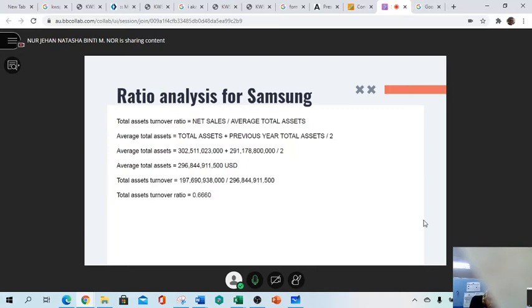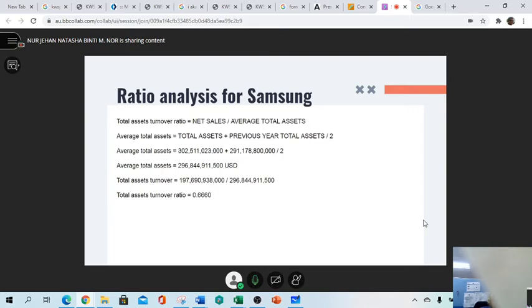Okay, the total asset turnover ratio is net sales divided by average total assets. To find average total assets, add the previous year's total assets and divide by 2. So 302,411,23,000 plus 291,178,800,000 divided by 2 equals 296,844,921.5 thousand USD.